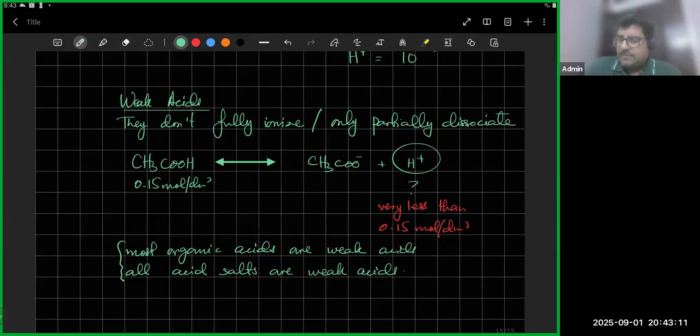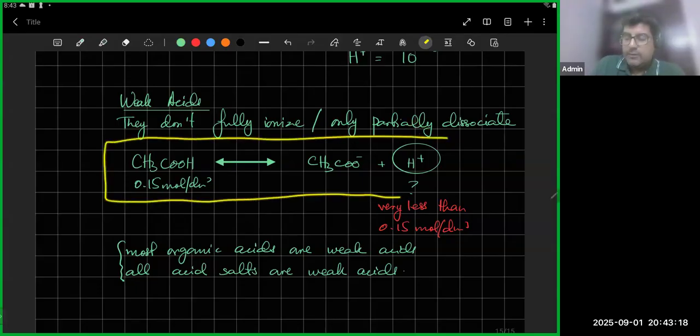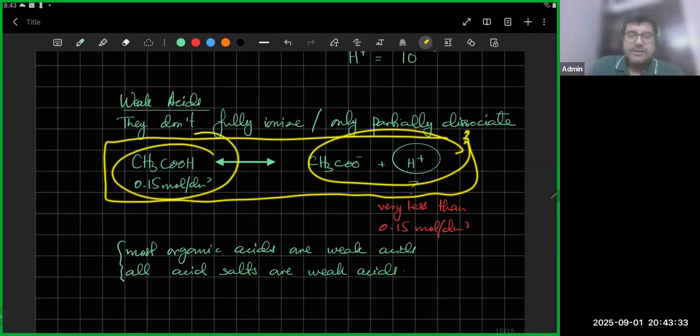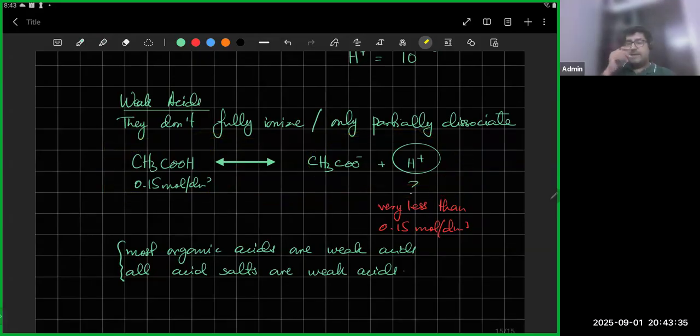So what do you do in that case? The good thing is that an acid dissociating weakly is an equilibrium reaction. And if it is an equilibrium reaction, that equilibrium will have an equilibrium constant. It's going to have product concentration divided by reactant concentration. So for weak acids, there's an equilibrium constant which is known as the dissociation constant.